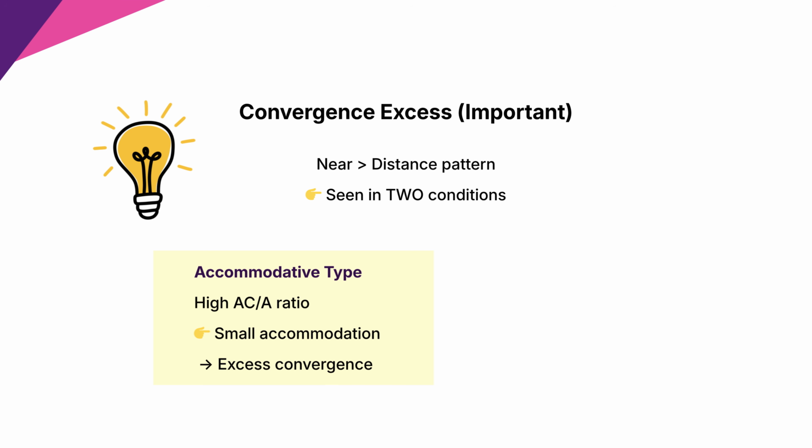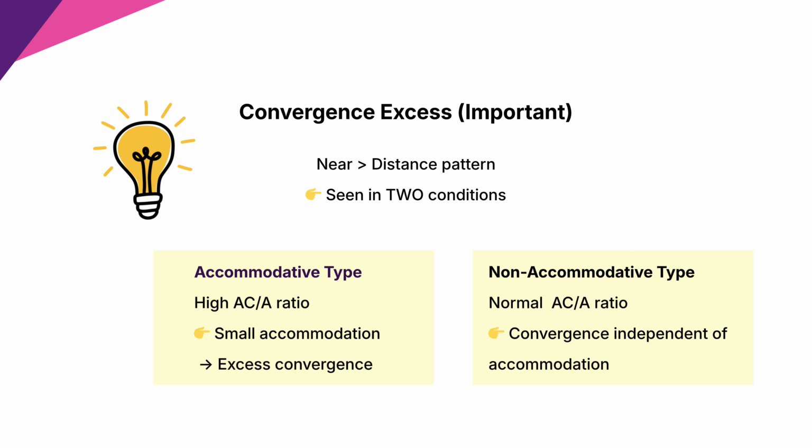This means that even a small amount of accommodation produces an excessive amount of convergence. In non-accommodative esotropia, a similar near greater than distance pattern may be seen, but here the AC/A ratio is normal. So here the increased convergence at near is independent of accommodation.